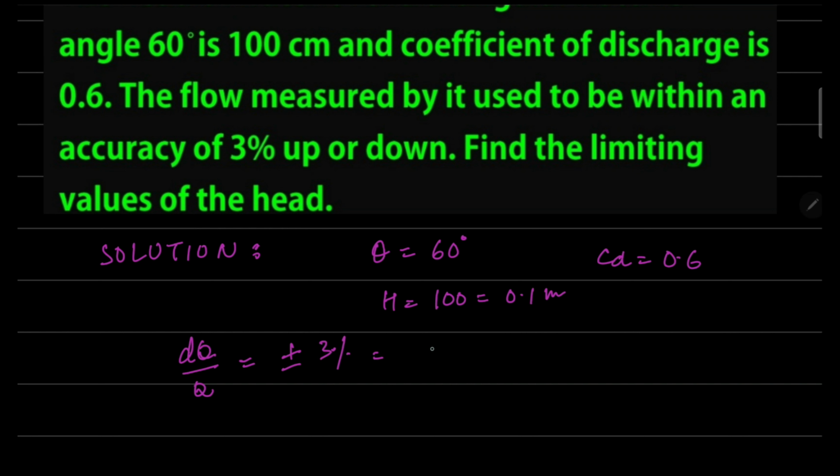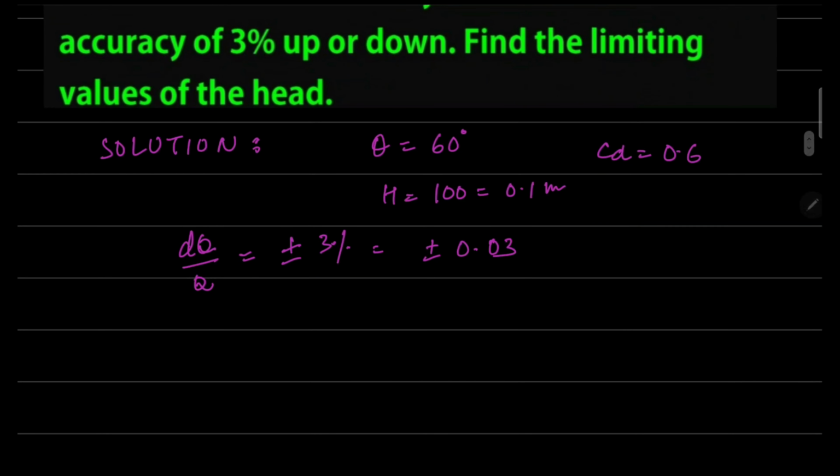So we can write it as plus minus 0.03. We are aware that for the triangular notch, q is equal to 8 by 15 CD multiplied by under root 2g tan theta by 2 h raised to the power 5 by 2.